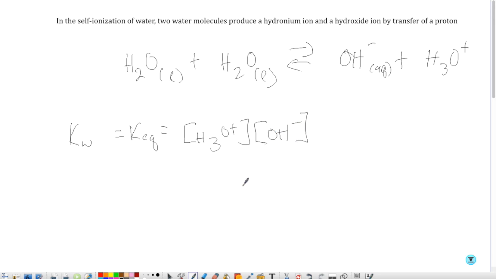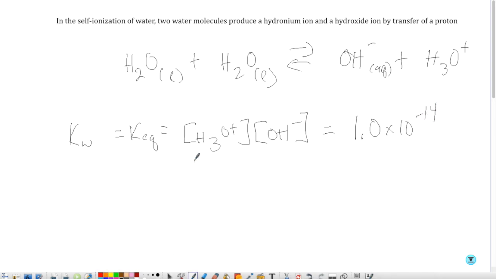Now, remember back to our days in equilibrium. I know it was all of like 2 weeks ago, but changing the concentration of one of these things doesn't actually change the value of Kw. The only way that you can change this value is by changing the temperature. So at room temperature, this always has the same value, which is 1.0 times 10 to the minus 14.